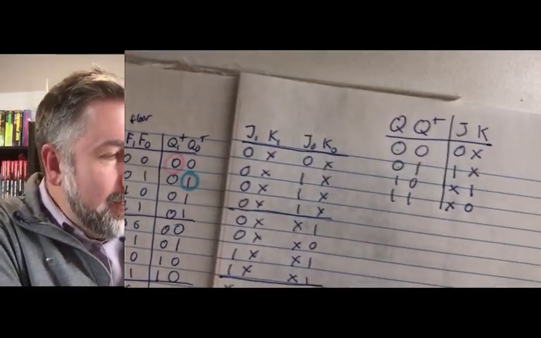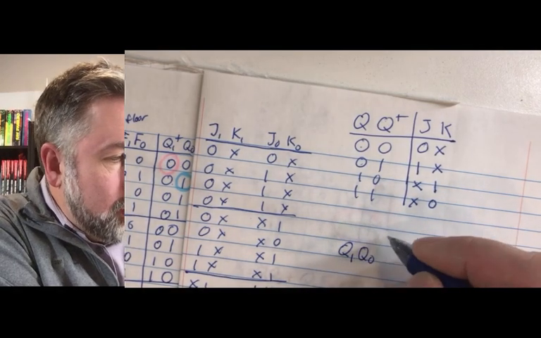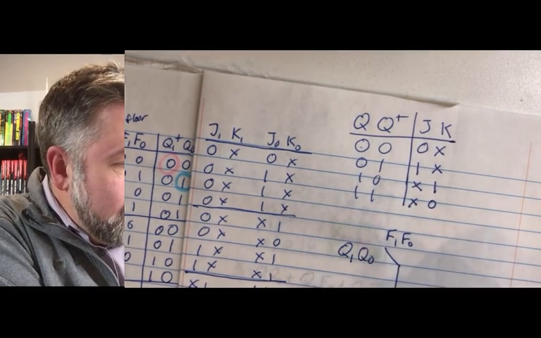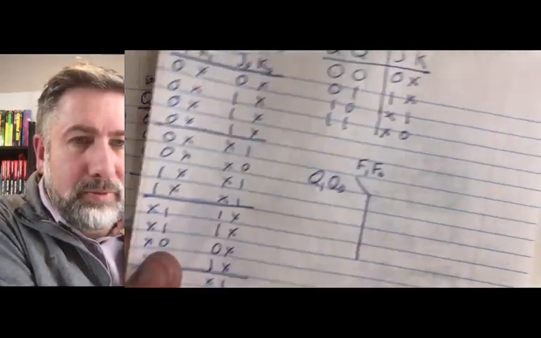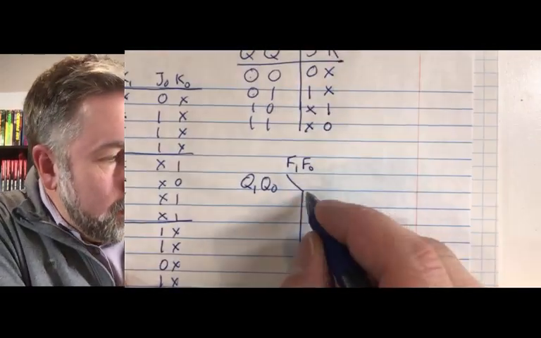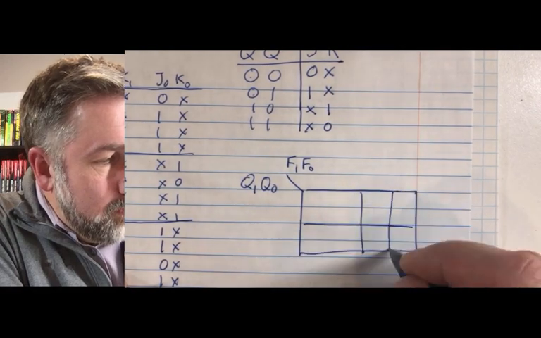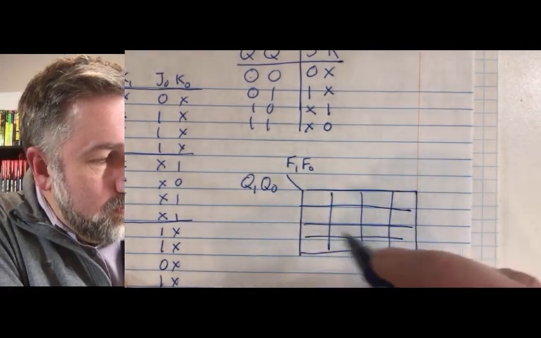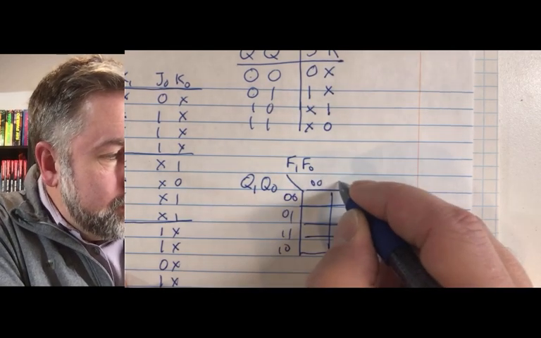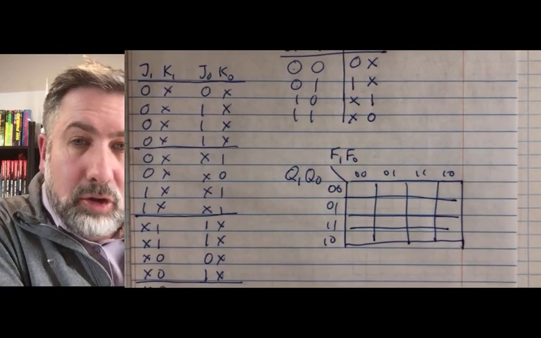So again, the inputs are Q1, Q0, F1 and F0. And I'll move this over so you can see it. Zero, zero, zero, one, one, one, one, zero. And because these are in min-term order, I don't even need to look at the inputs.